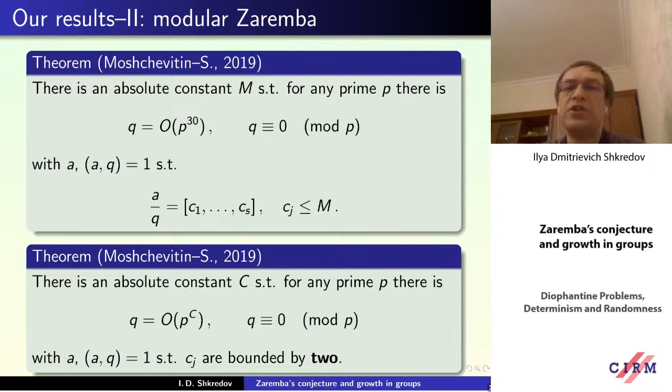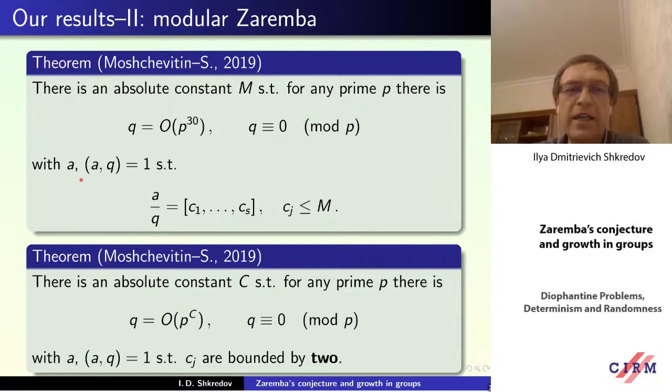So in this formulation, I have a prime p, and I want to find q which is divisible by p. So automatically q is larger than p, but it's not much larger than p. So q is somehow comparable with p. So the size of q is big O of p to the 30.